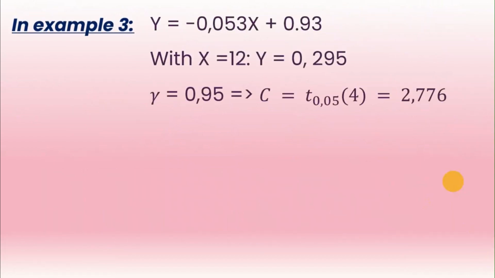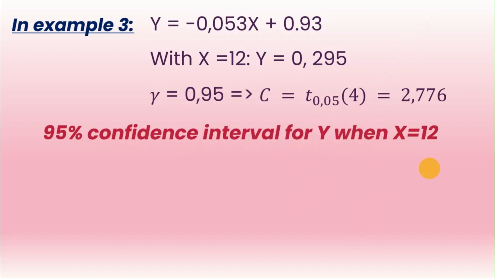In example 3, y equal minus 0.053x plus 0.93, with x equal 12. E equal 0.295, and gamma equal 0.95. So C equal T 0.05 with 4 degrees of freedom equal 2.776.